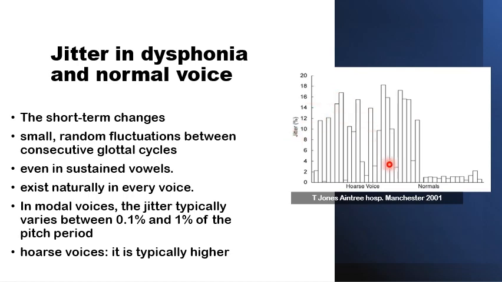Only one single patient with a hoarse voice had a jitter value of about 2%. So generally speaking, the jitter values would be expected to be much higher in patients who have a hoarse voice compared to people who have a normal voice, in whom the jitter typically varies between 0.1% and 1% of the fundamental frequency period.